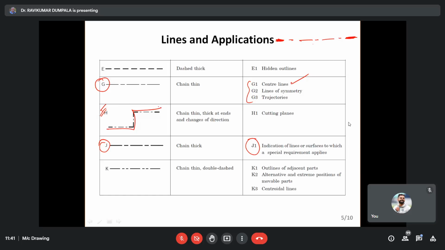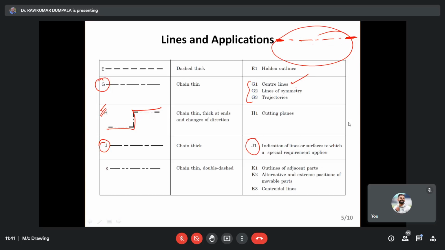You can change the section plane from one place to another in the middle of the component, and for that they show that step. Otherwise, this is a standard convention. You may have drawn sections in engineering drawing without following this convention, but here it is compulsory to follow it.